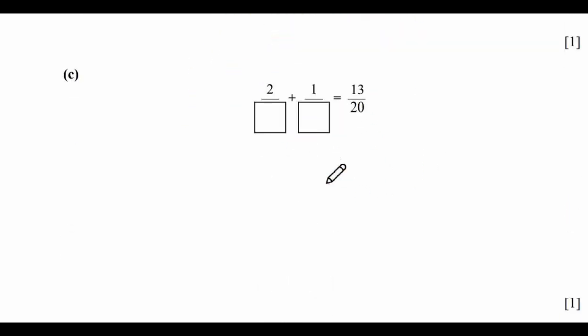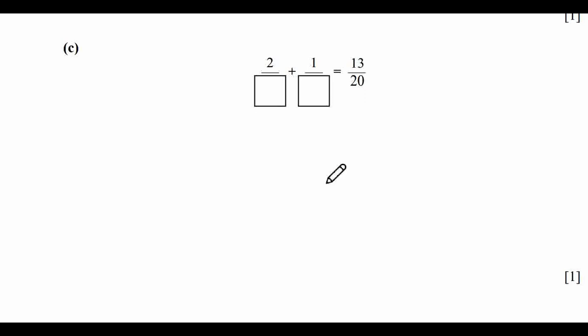Next, question C. 2 over something plus 1 over something equals 13 over 20. For this question, we have to find the denominators that will have a lowest common multiple of 20. So the choices will be maybe 1 and 20, 2 and 10, 4 and 5. But which one will make the numerator 13?